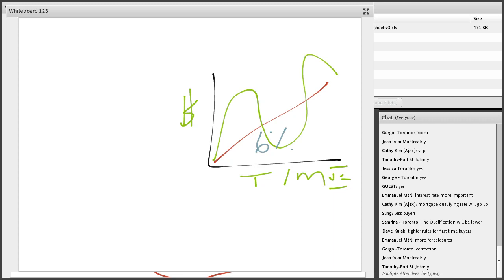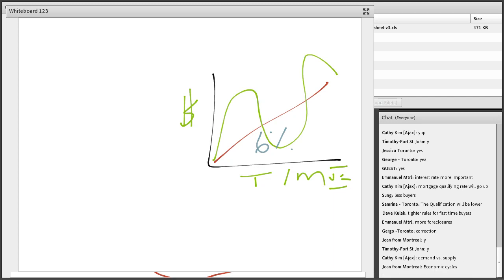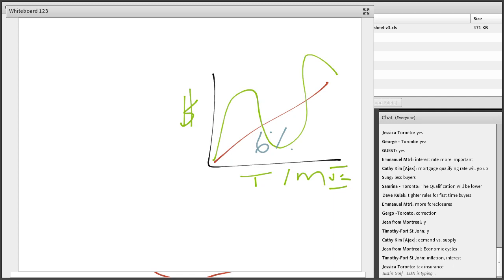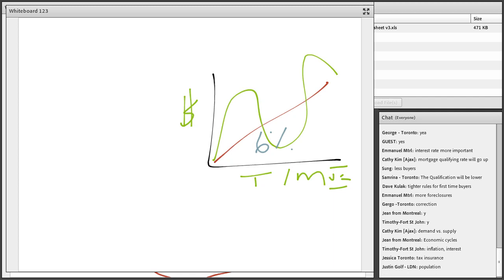What are some of the things that motivate that move? Demand versus supply, yep. Economic cycles, yep, they have effect. Inflation, interest, yep. Insurance, they do, yep. Population can affect the movement. But the 6% itself, what's really pushing up the 6%?